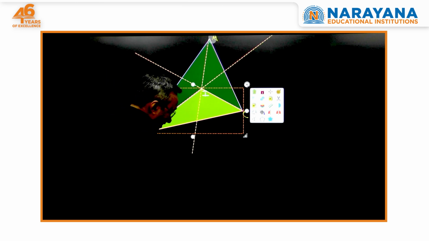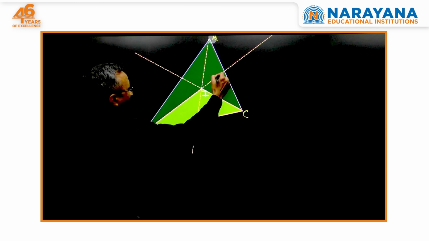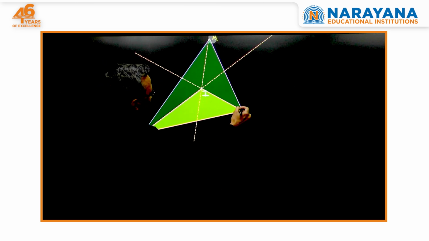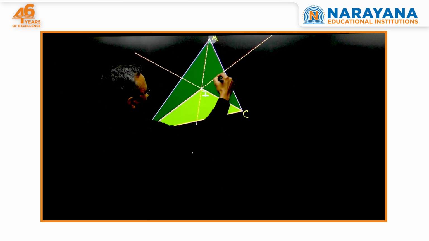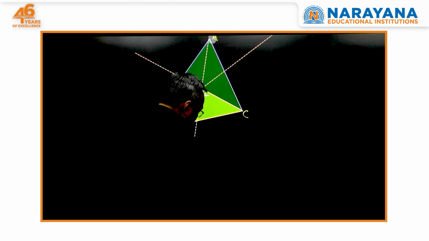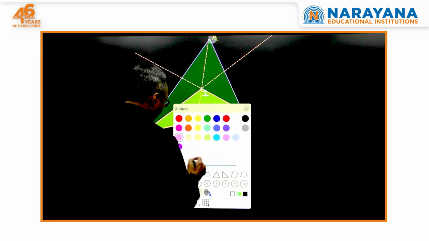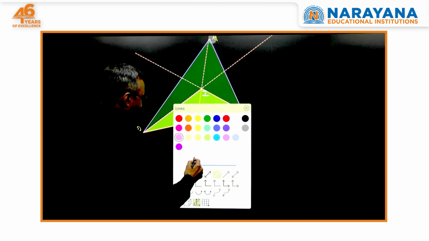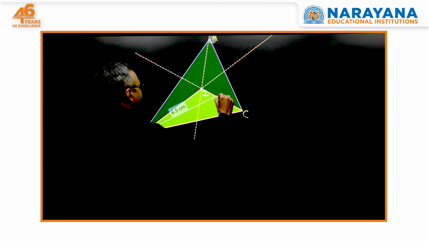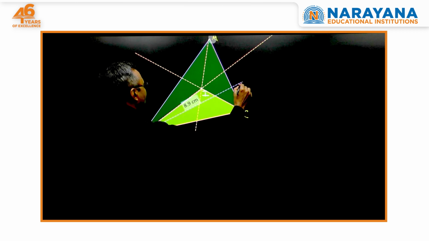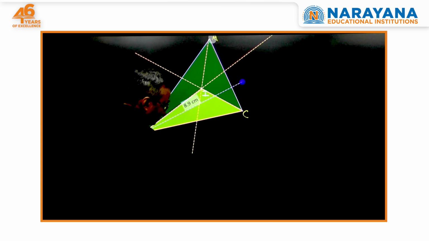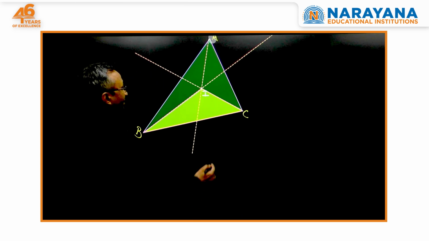My first intention is to get a point here on extended BI so that somehow I can draw the exterior angle bisector. But since I don't have a point, let me take a light color to work on this. I draw the internal angle bisector of IBC, or maybe any other internal angle bisector which we have.